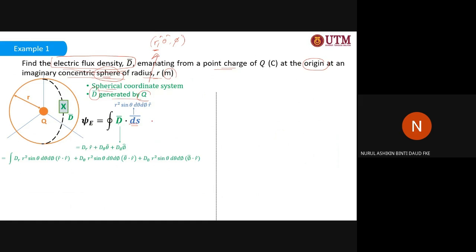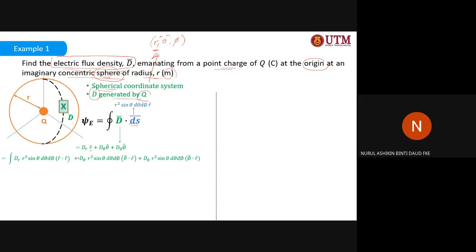And we know that ds is in the r direction, right? So now the formula is electric flux, the integral of D dot ds. So this D, which is Dr, is in the r direction. So Dr times ds, which is r squared sine theta d theta d phi in the r direction, dot with another r direction here.